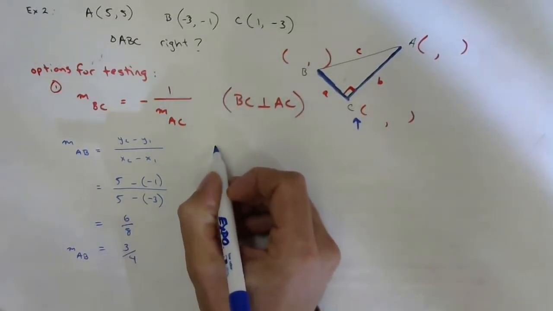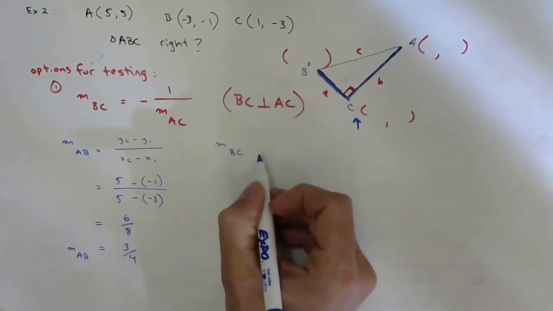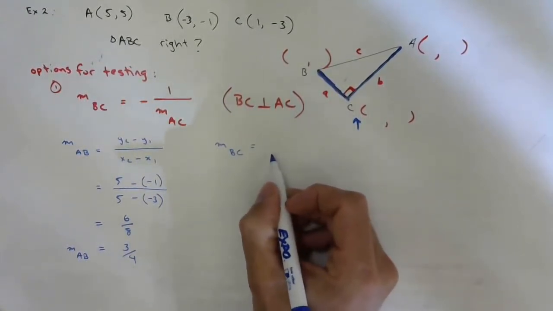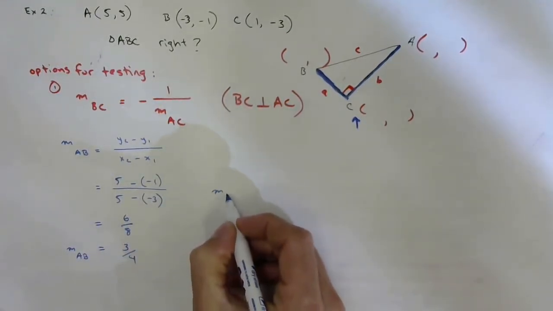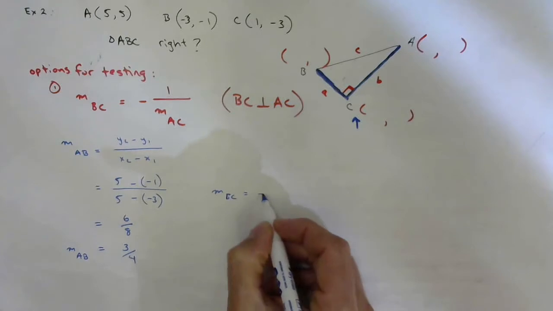I'm going to do the next ones a little more quickly. The slope of BC would be my next line segment. I'm not going to use my formula again, so maybe I'll start down here. Slope of BC equals.